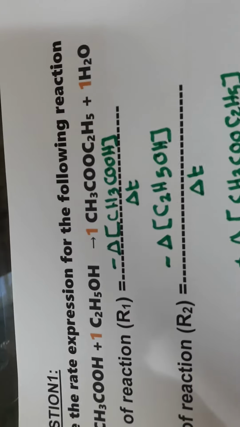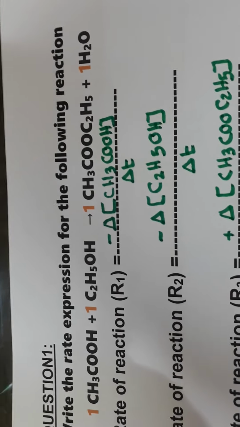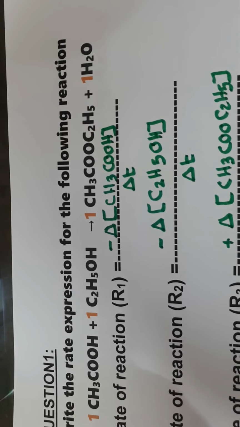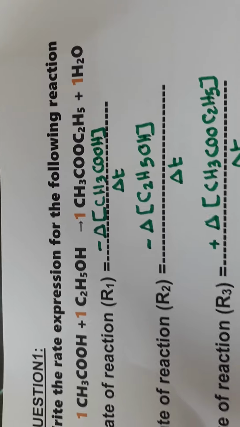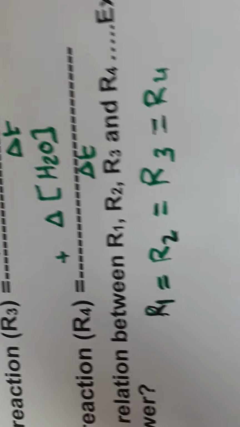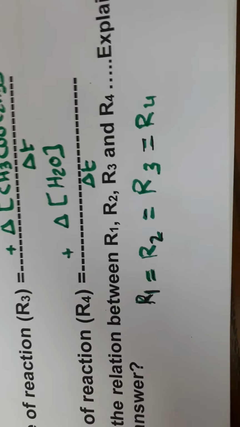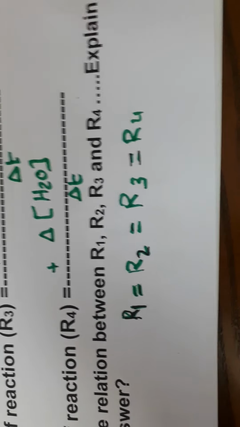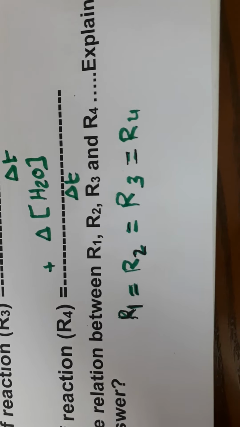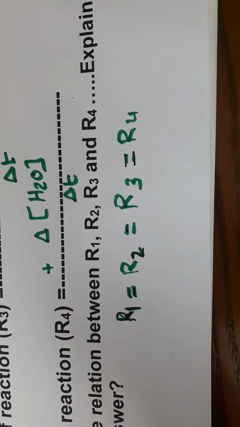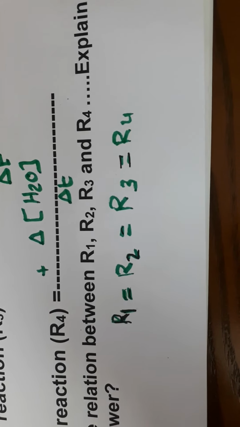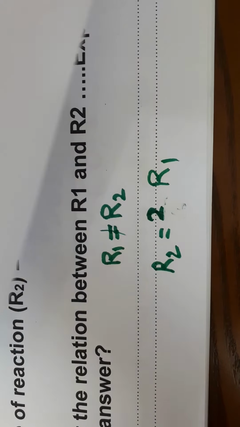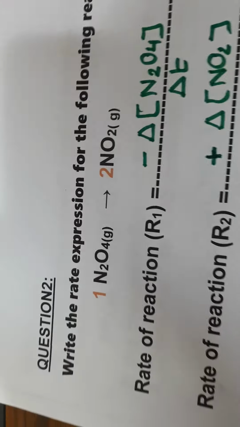In this reaction, the mole ratio between all the reactants and the products is 1 to 1. What does this mean? This means that all the rates of reaction, if we use any reactant or product, have the same value. R1 equals R2 equals R3 equals R4. Why? Because of the same mole ratio for the reactants and the products.